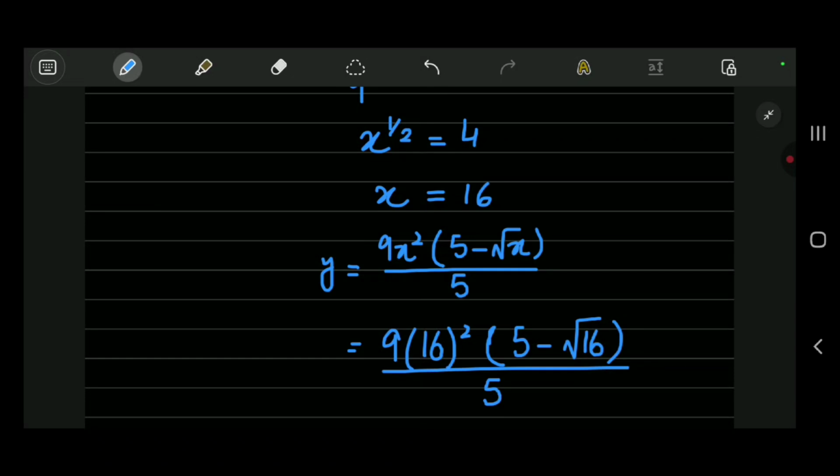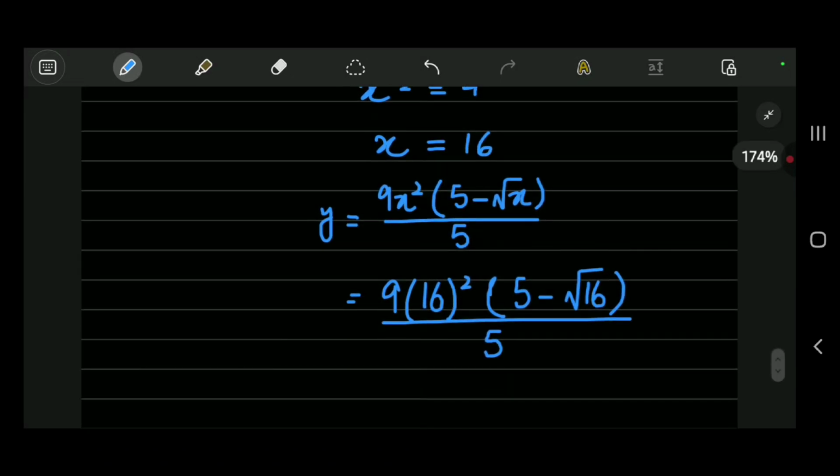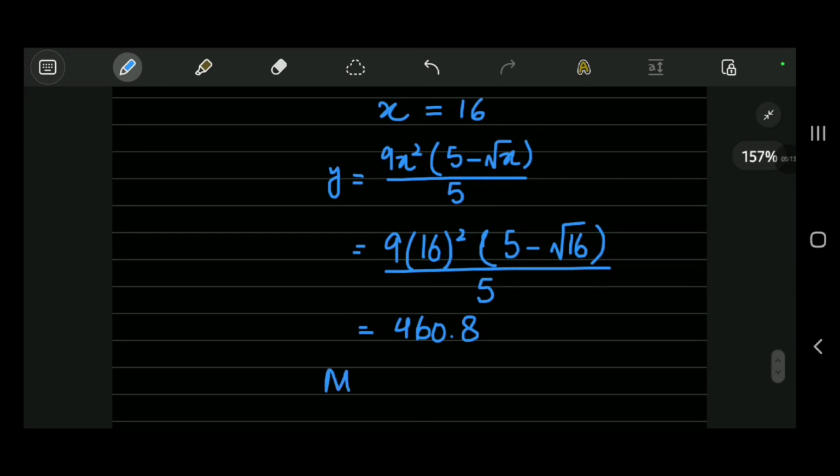Root of 16 would be 4, so 5 minus 4 is 1, so this whole becomes 1. So 9 times 16 square over 5 is 460.8. So your coordinates of stationary point or M point is 16 comma 460.8.